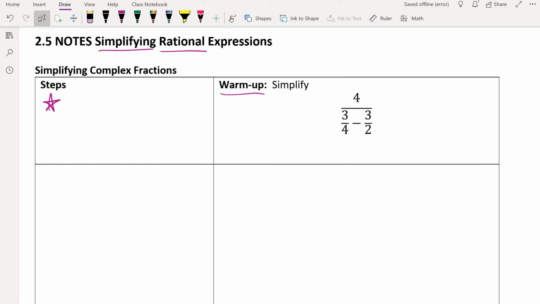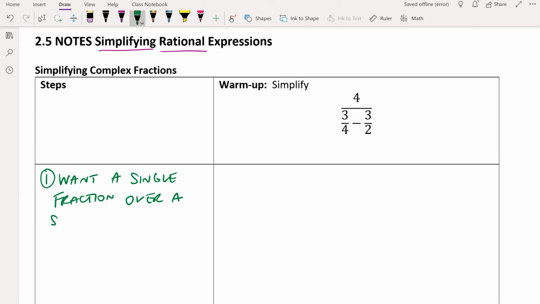So the first step that we're going to write down is, 1, we want a single fraction over a single fraction.